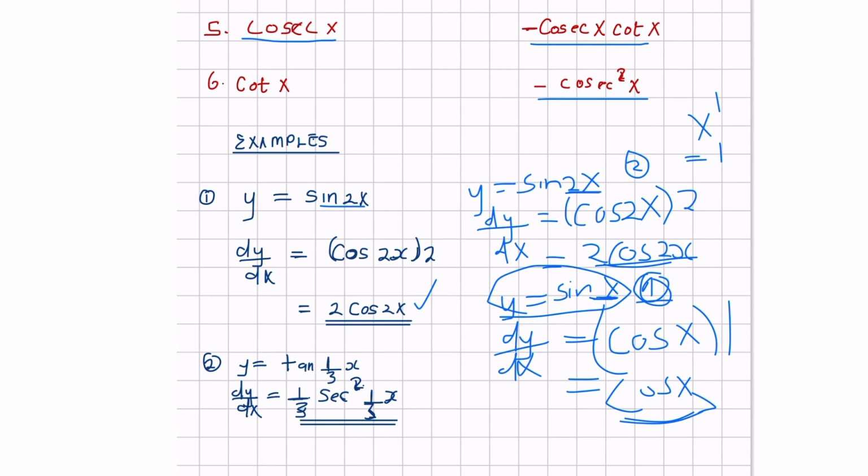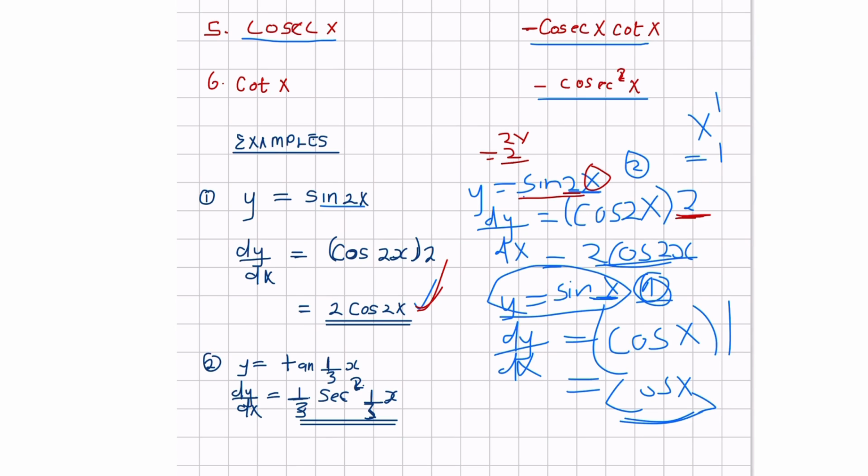So now where we say it's sine of 2x, the derivative of x, this one here, is not 1, but it's equal to 2. So if you differentiate 2x, you're going to get 2. That is why we had to multiply by 2 right here. And our final answer will be 2 cos 2x, like this.